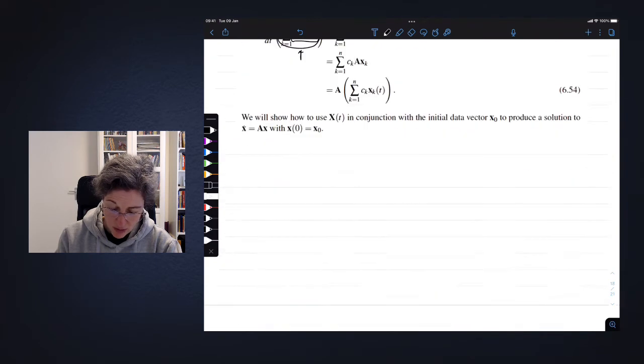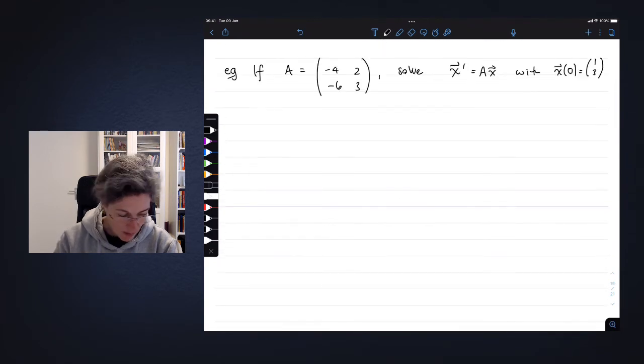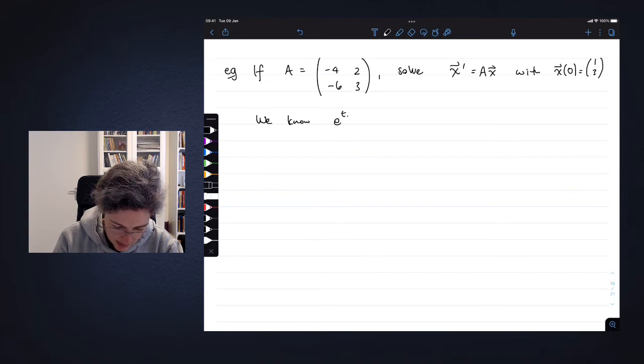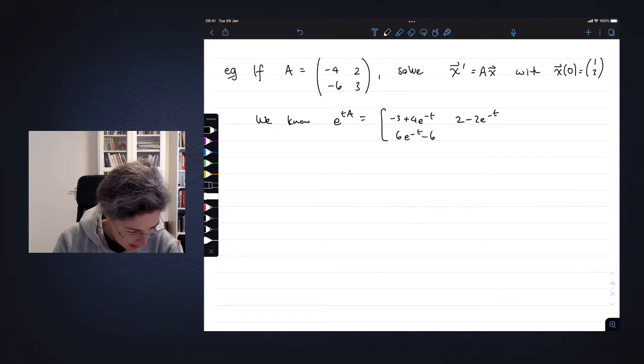The easiest way to do that would be to plug it into MATLAB. So we know that e to the tA is equal to minus 3 plus 4 e to the minus t, 2 minus 2 e to the minus t, 6 e to the minus t minus 6, 4 minus 3 e to the minus t.